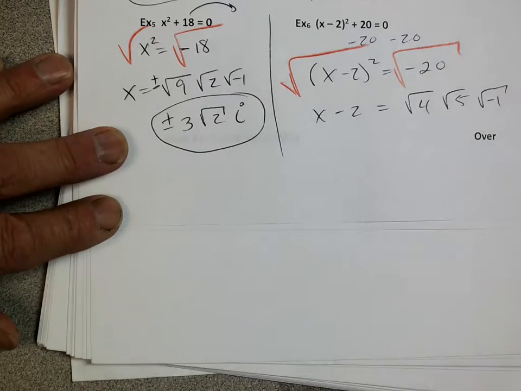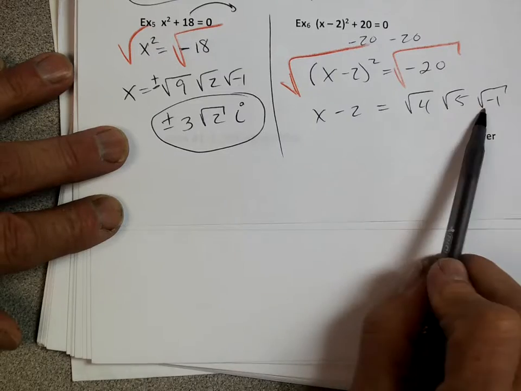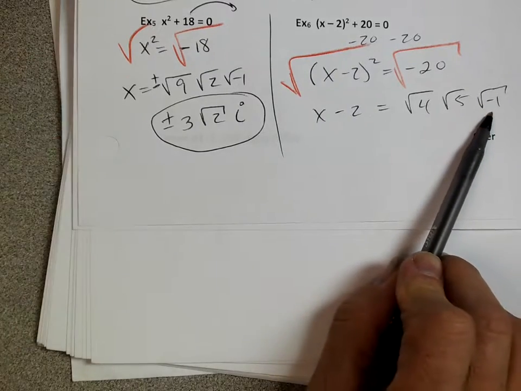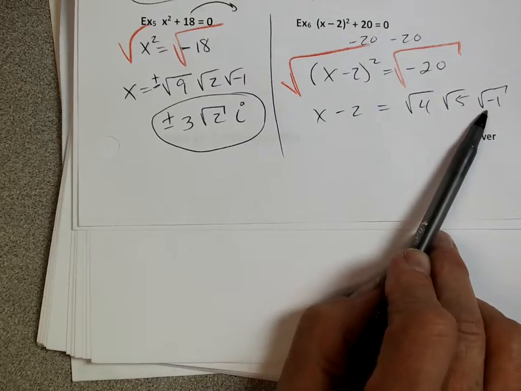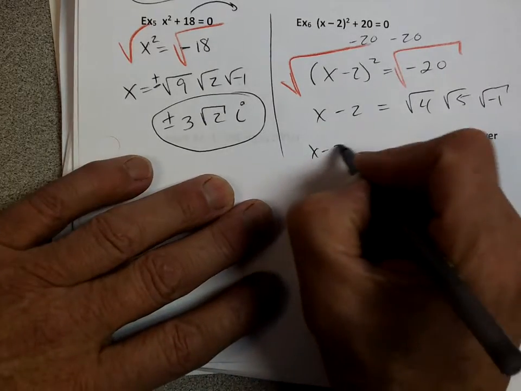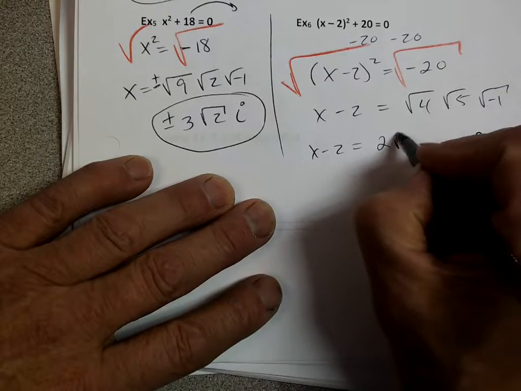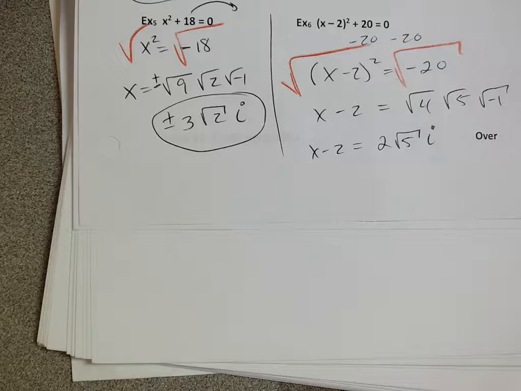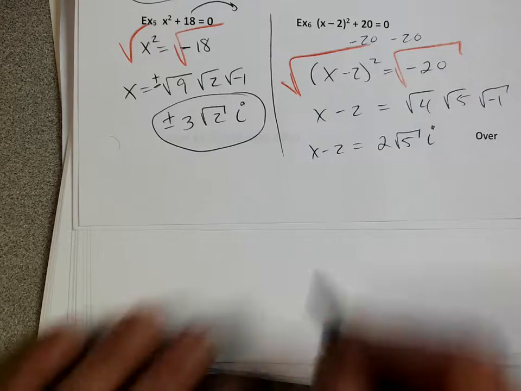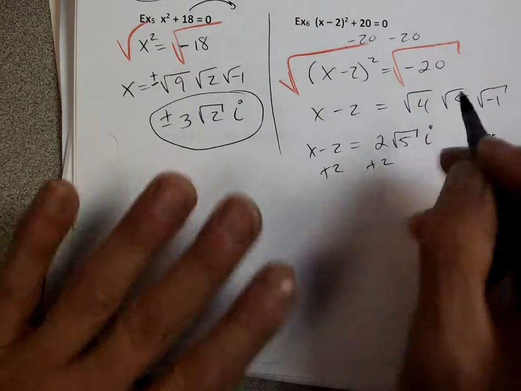All right, Alexis, I'm going to put you on the spot because you know it now, don't you? What am I going to write? I'll wait till you're done. Oh, yeah. So x minus 2 equals 2 square roots of 5i, right? Plus 2. Now, you cannot really add the 2 because you've got i's.